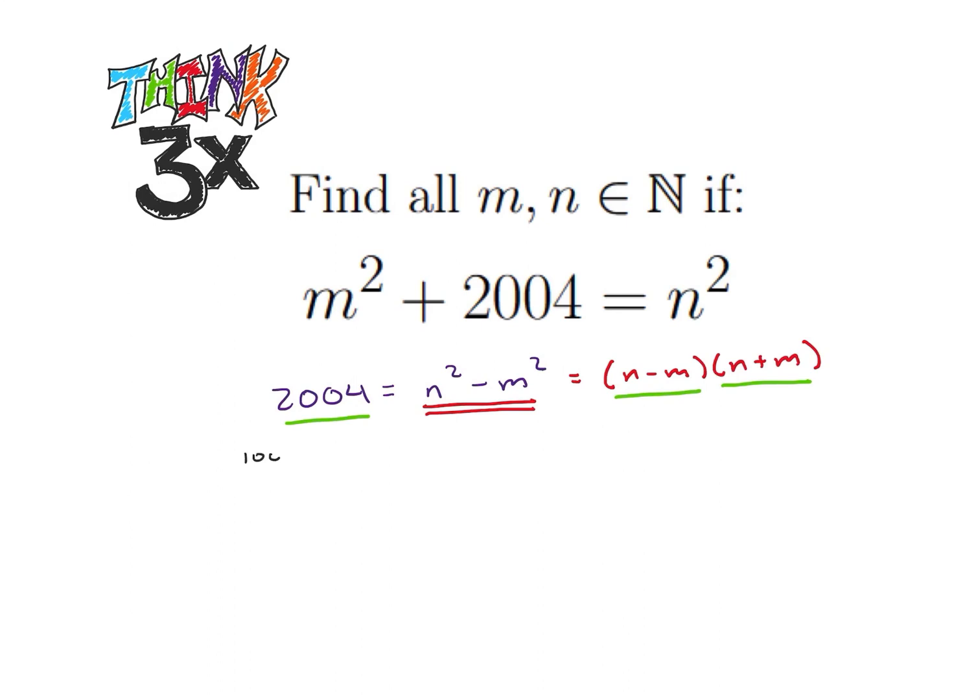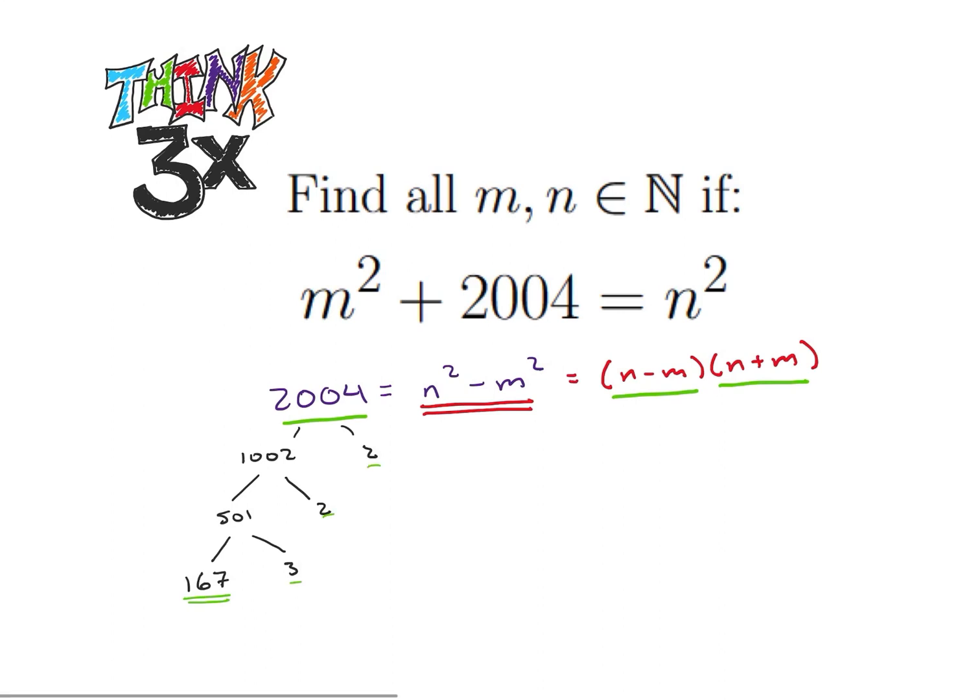This is going to be 1002 times 2, which is 501 times 2, which is then 3 times 167, and 167 looks to be a prime. Yes, so 167 is a prime. So our prime factorization of 2004 is going to be 2 times 2 times 3 times 167.